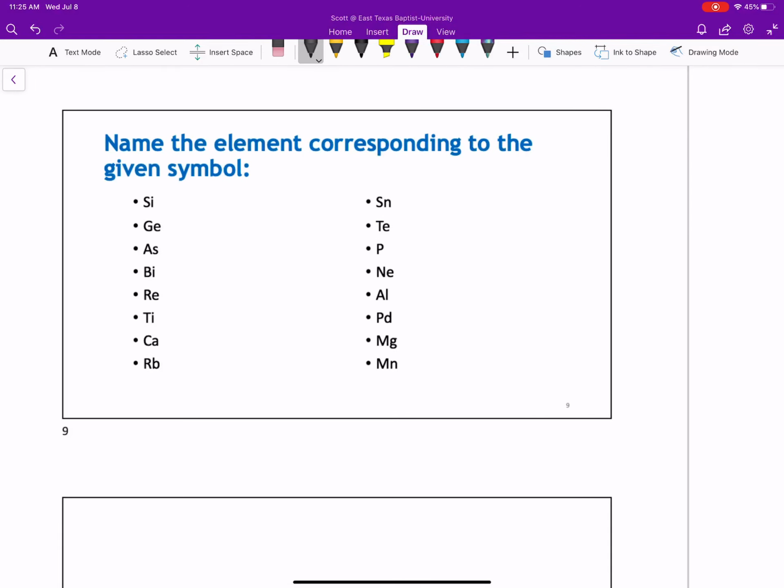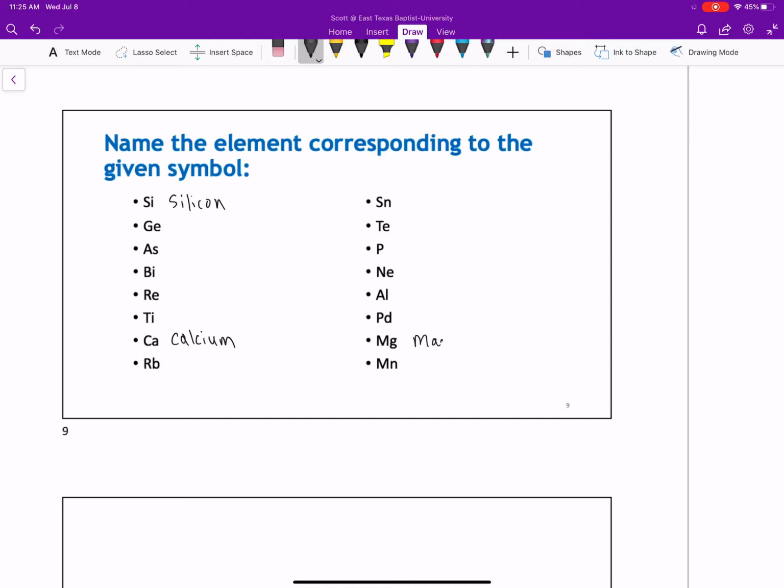Name the element corresponding to the given symbol. So Si is silicon. Okay, Ca is calcium, and I'm just picking a couple so that you can see. But really, you can't do this without a periodic table, okay?